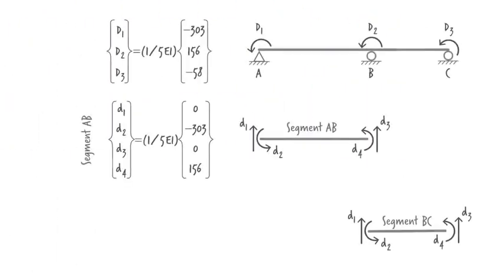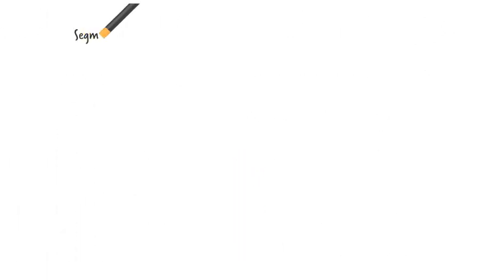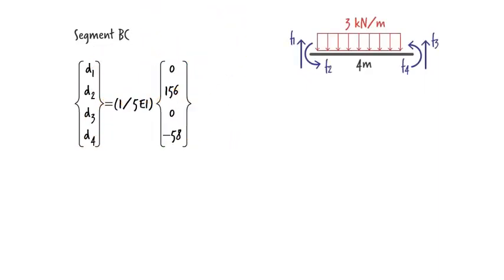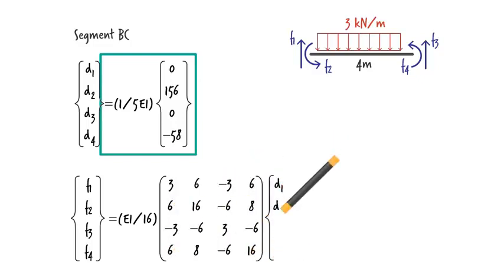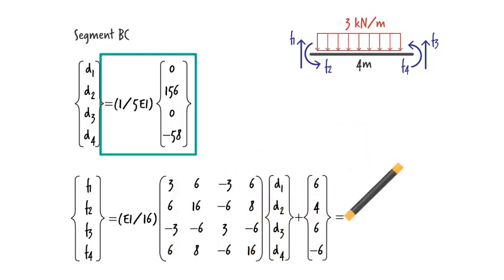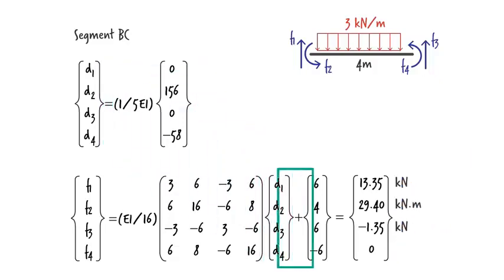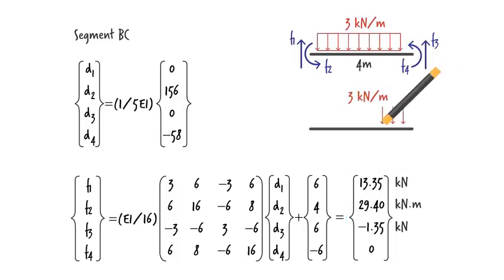For segment BC, the displacement vector is... Substituting it here, we get these member-end forces. Here is the free body diagram for the segment.